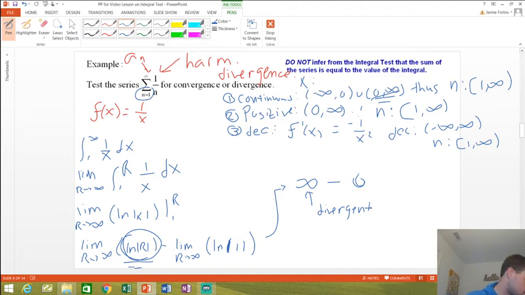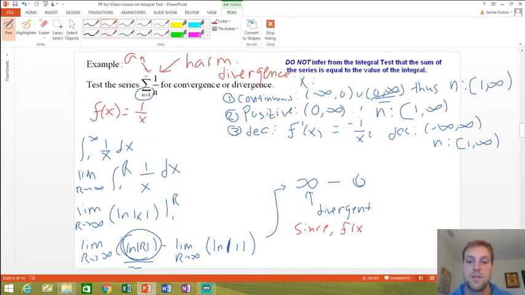For the sake of time, I'm only going to write this out once, and then I'll let you write it out from here. But I'm going to show you how you would summarize this. You would say, since f of x is continuous, positive, and decreasing, we showed those three things, and the integral is divergent.